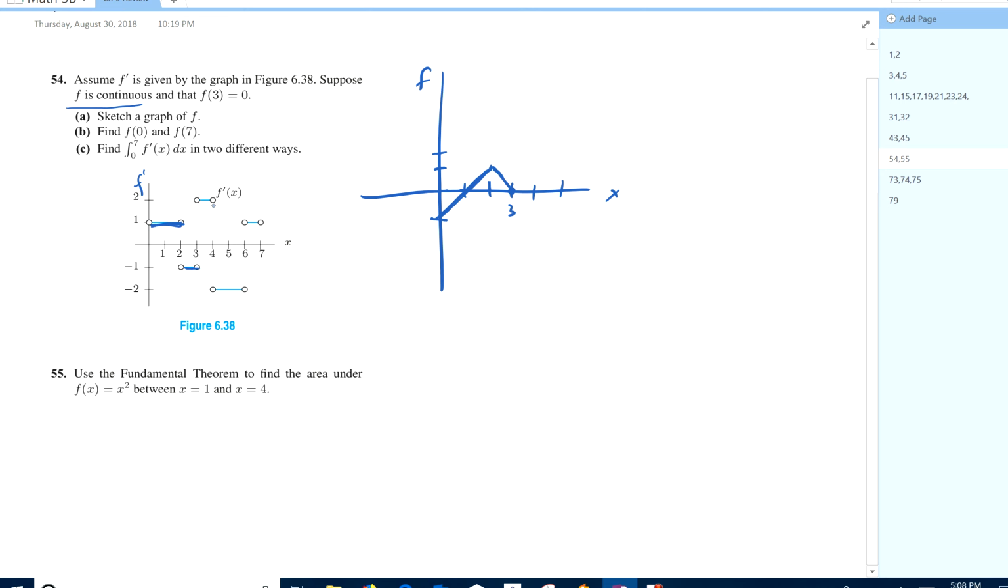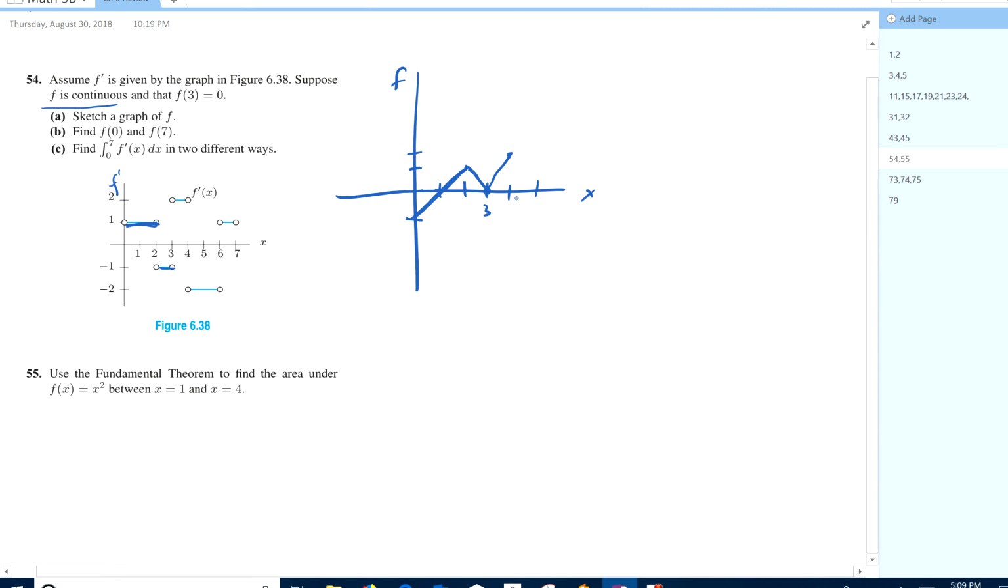And then from 3 to 4, the slope is 2. So I'm going to go up 2 over 1. And then the slope from 4 to 6 is negative 2. Here's 6, negative 2. So down 2 over 1, down 2 over 1. See how we're counting this?